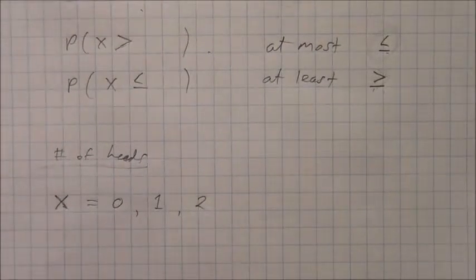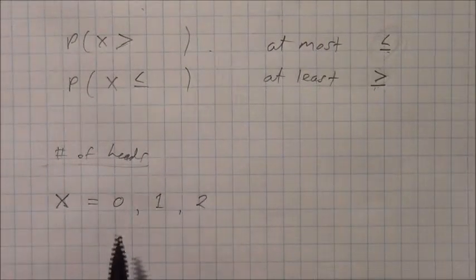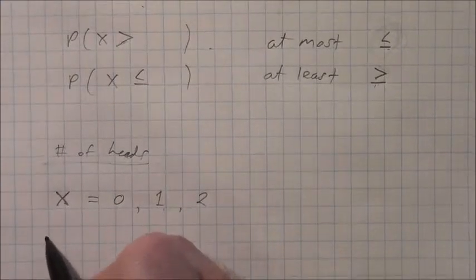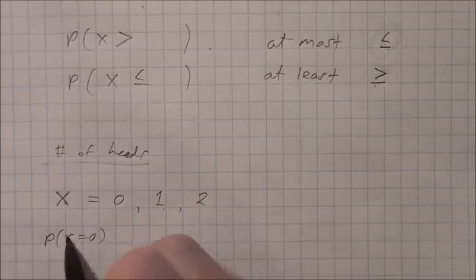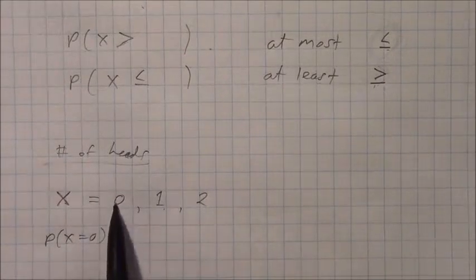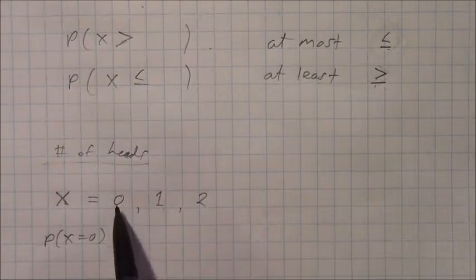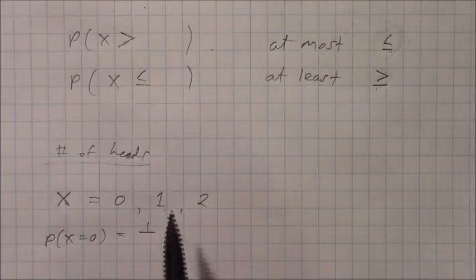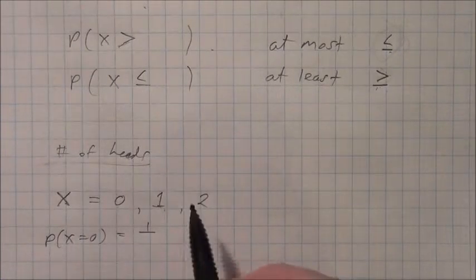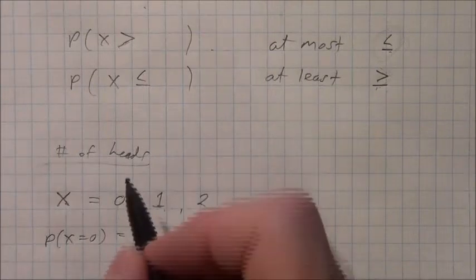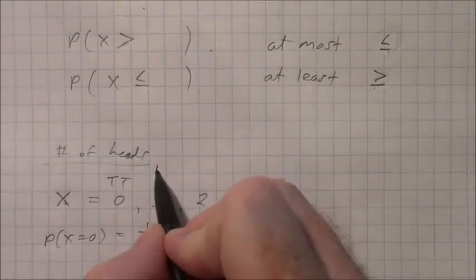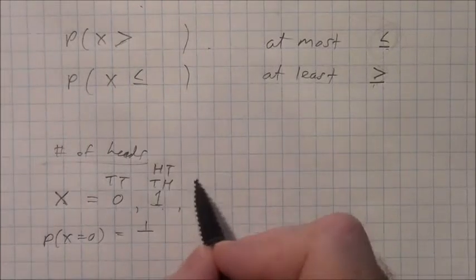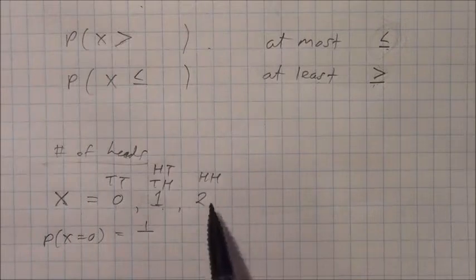So the variable could either be 0, 1, or 2. The probability of x equal to 0: if there are 0 heads, then there are 2 tails. So that's going to be 1 out of a possible 4 outcomes. There's tail and tail, head and tail, and then tail and head. That deals with the 1 head, and then there's head and head for the 2 heads.